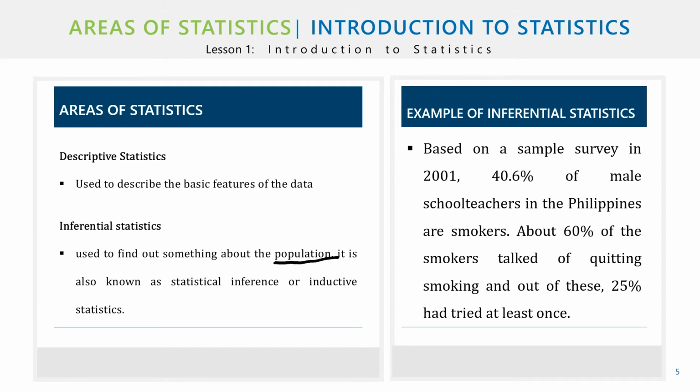So after getting the data, next we will get conclusions out of it. So how can we get conclusions out of the data? That is using inferential statistics. Which means kapag sinabi nating inferential statistics, using the data that we've gathered, we can make conclusions. And that is inferential statistics.